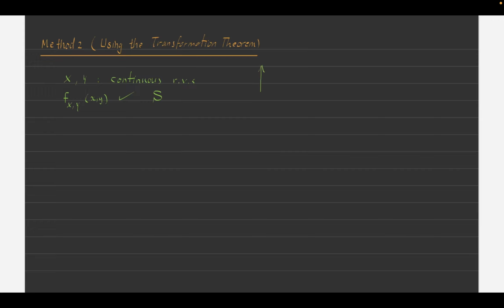So let us imagine these things graphically. So let us say that this is the xy plane and S is somewhere, for example, here. This is my S. This is the support of this probability distribution. And now let us consider a transformation. I mean, two new random variables, which are functions of the old random variables x and y.